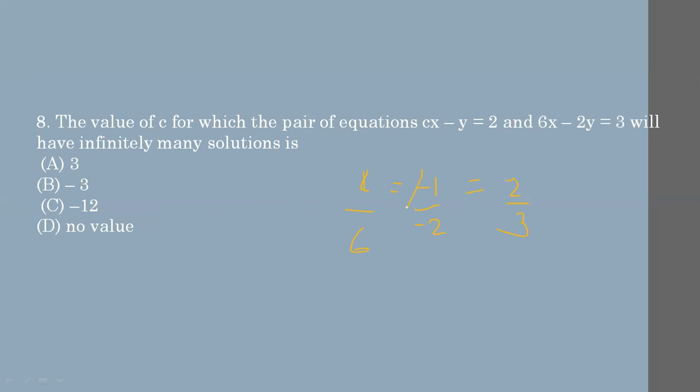So we can write c by 6 equal to 1 by 2, and secondly we can write c by 6 equal to 2 by 3. So here we can see that the values of c change. In the first case it is 3 because 3 by 6 is 1 by 2, and for the second case it is 4 because 4 by 6 equal to 2 by 3. So it is not giving any specific value. So the correct option is option D.